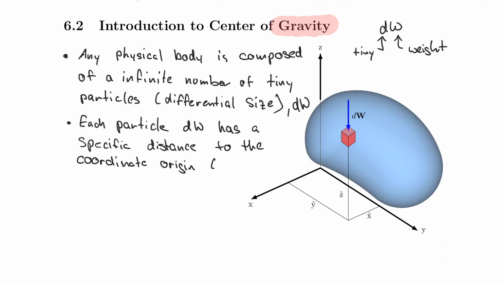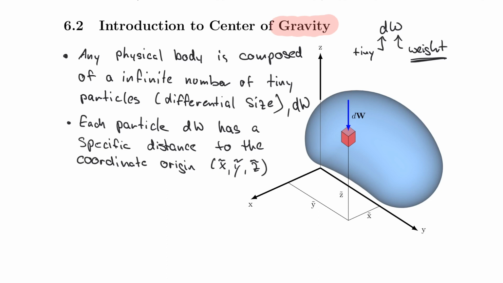And that we call x tilde, y tilde, and z tilde. So far, only observations here. One last thing, of course, I just want to emphasize again, is that each particle also has weight, right? So it's not weightless, it has weight, it's just super tiny in this case.